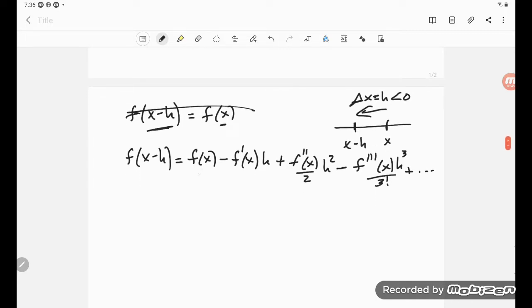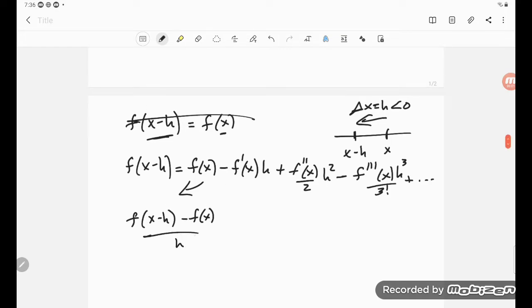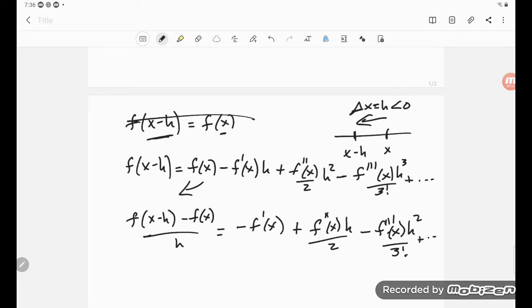Now, if we do the same thing where we subtract the f of x from both sides, divide by h, we have our f of x minus h minus f of x over h is equal to the negative of f prime of x plus f double prime of x h over 2, and then minus the f triple prime of x h squared over 3 factorial and plus dot dot dot.